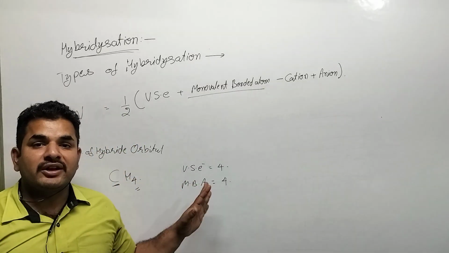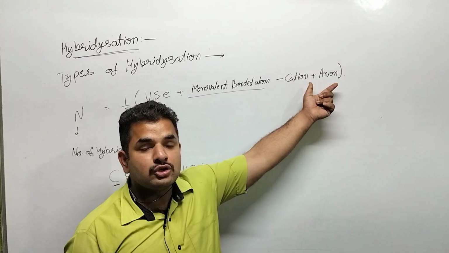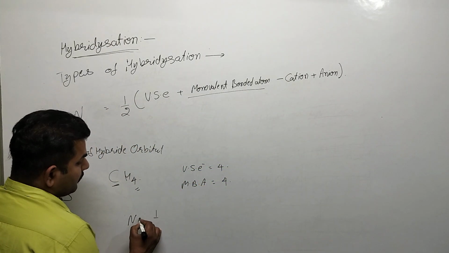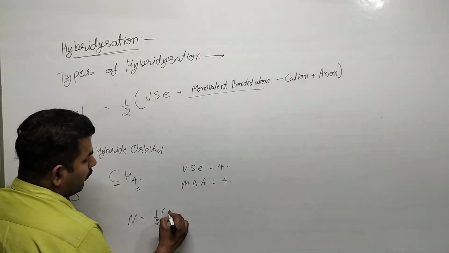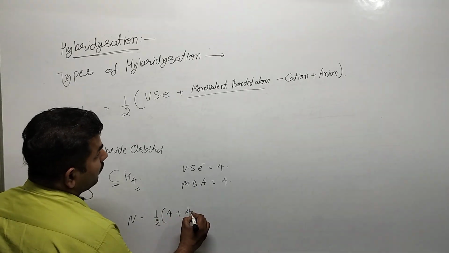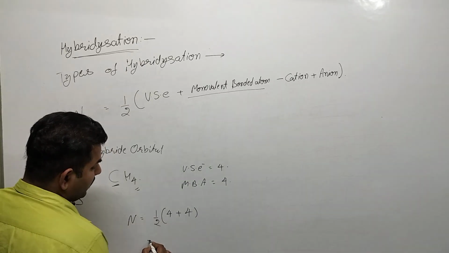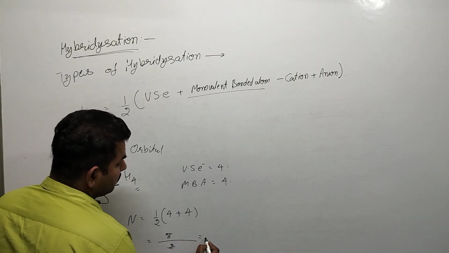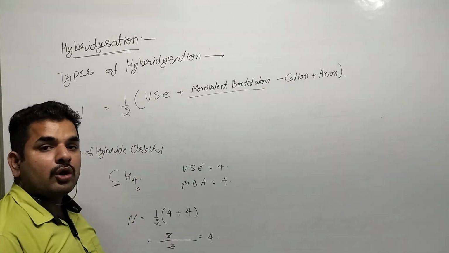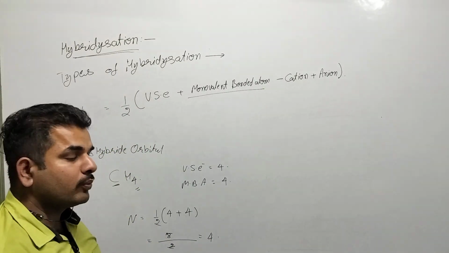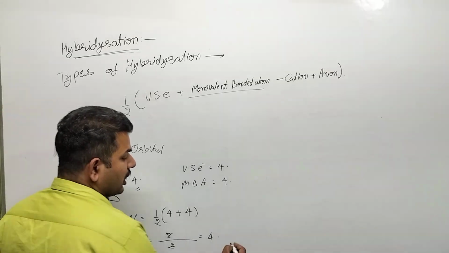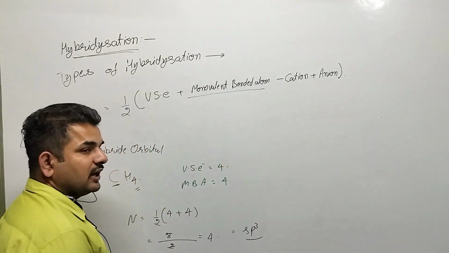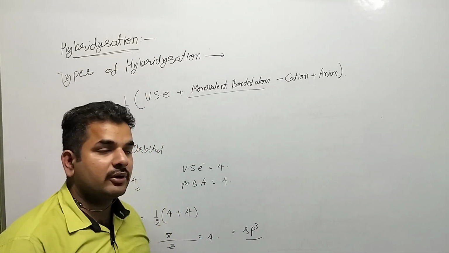There is no positive or negative charge, so we need not include that. Then the number of hybrid orbitals is 1 by 2 of 4 plus 4, which is 8 by 2, that is 4 hybrid orbitals. In covalent bond formation, we start hybridization from one s and three p, that is sp3 hybridization.